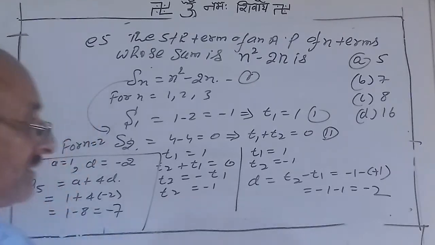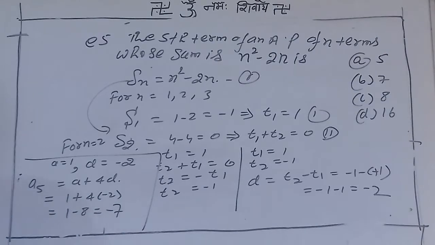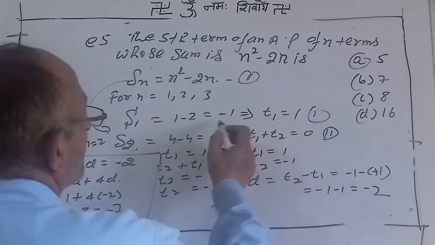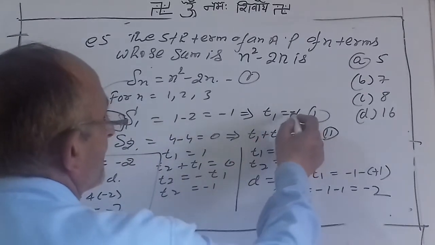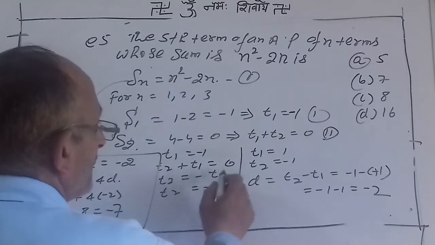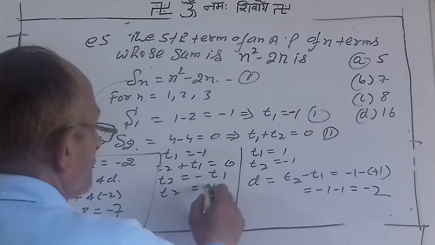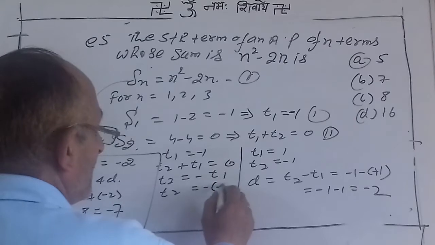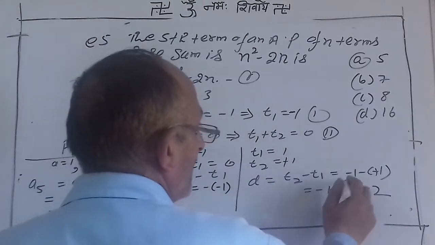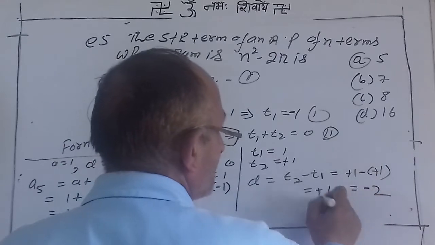Okay, fine. Yes, T1 is minus 1. T1 is minus 1. Okay, so this minus of minus 1, T2 is 1 and this one is 2.